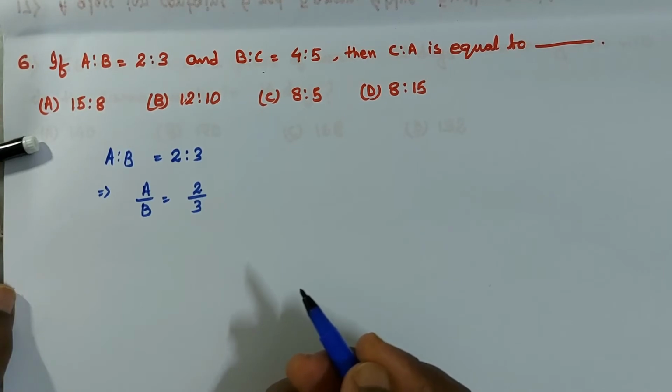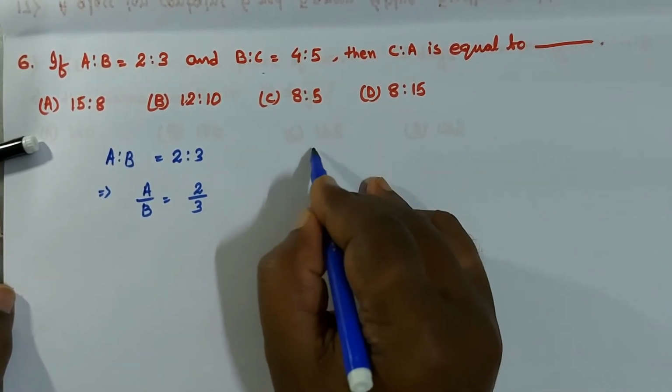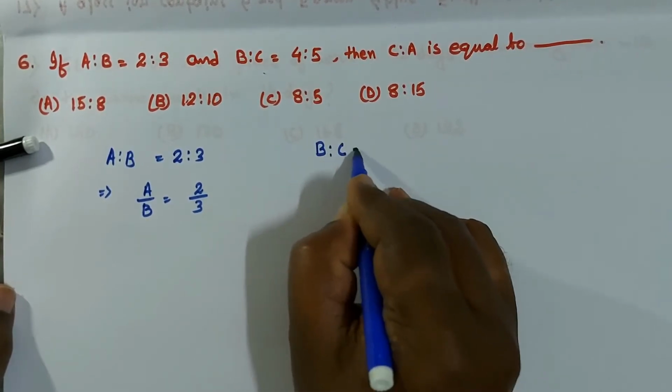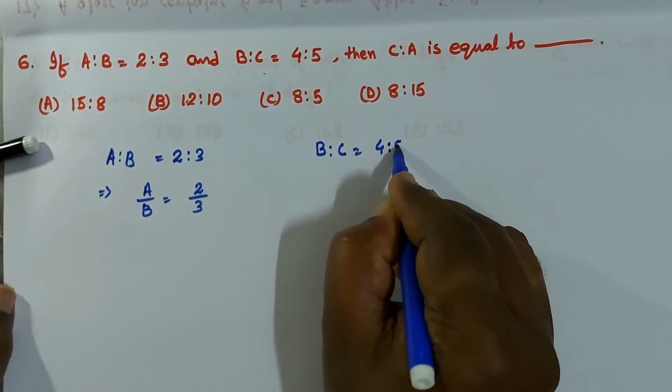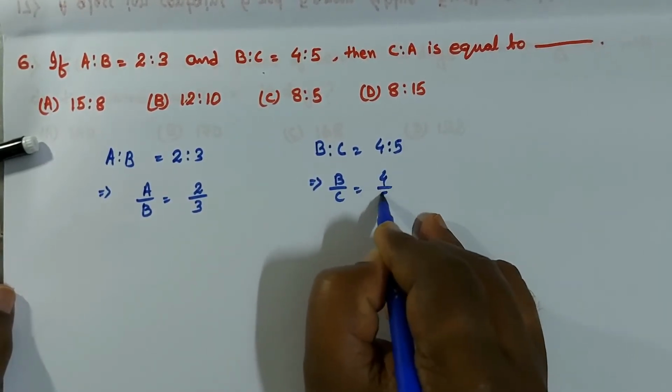Next, B is to C equals 4 is to 5, or B by C is equal to 4 by 5.